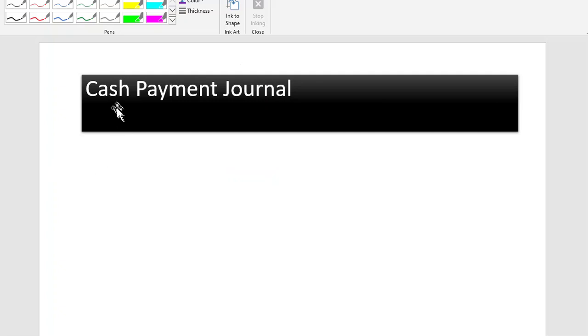Next step is the cash payment journal. Now here, as we know, the business makes payments. The business pays money, pays their employees, pays salaries. The business is also renting, or maybe they rent buildings, they use water and electricity, and all those things are called expenses.